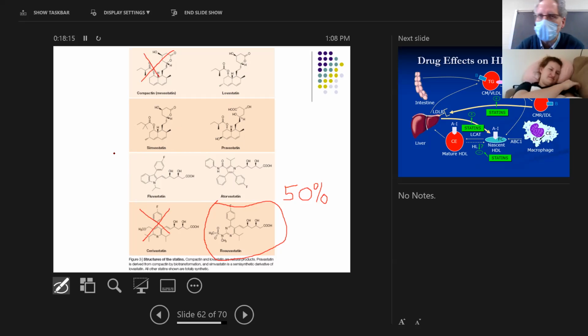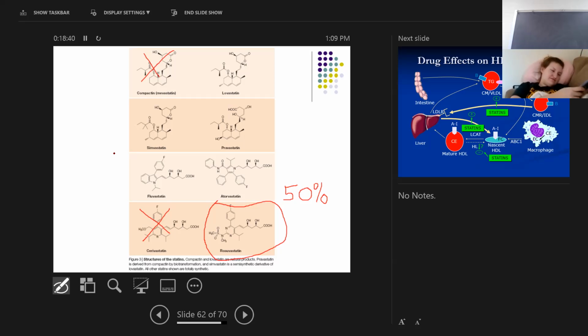So pravastatin is not metabolized by the phase 1 liver enzymes. Simvastatin is a cytochrome P450 3A4 inhibitor. Atorvastatin is not, but it's a 3A4 substrate. So if you're on a drug that's a 3A4 inhibitor, you don't want to be on either one of these.